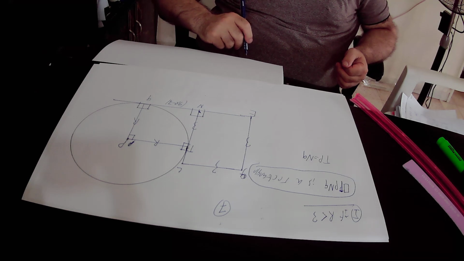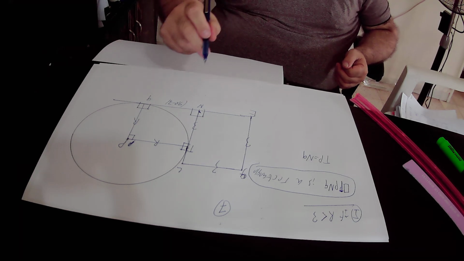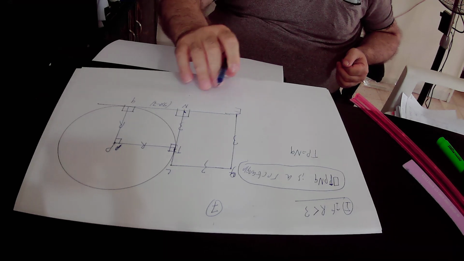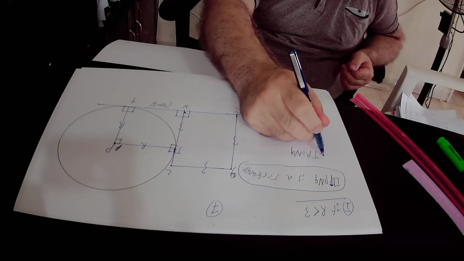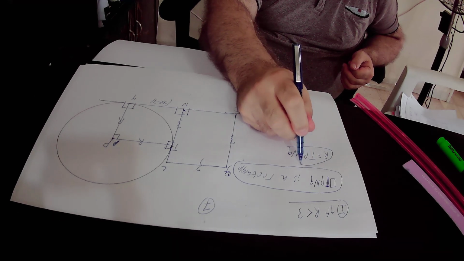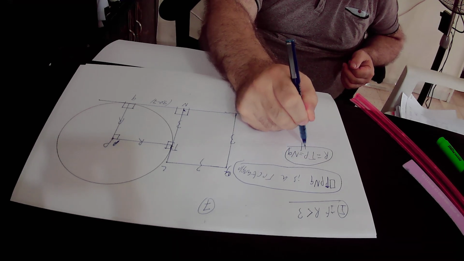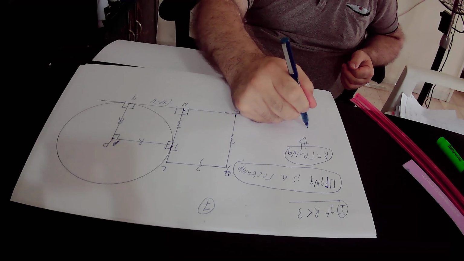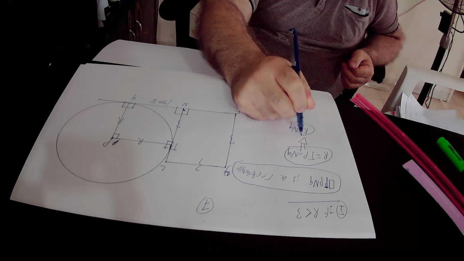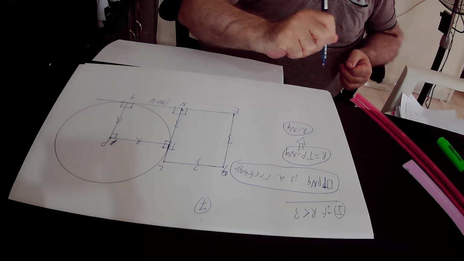But here, TP equals R, it is the radius of the big circle. And from this equation, R equals TP equals NQ, we will derive that R is also equal to NQ.